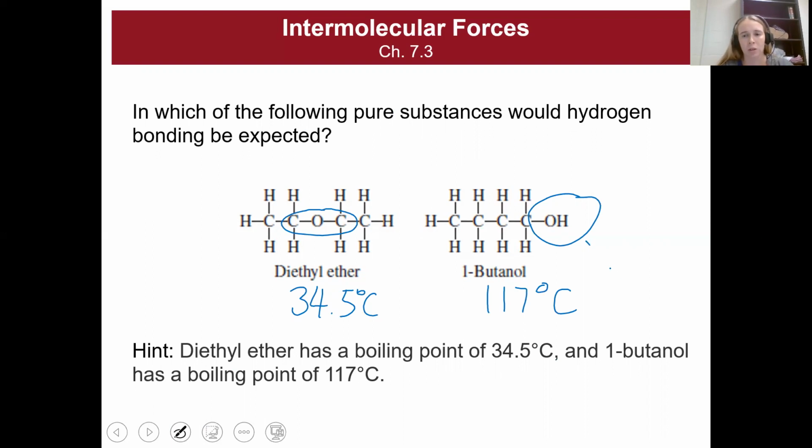So this one can hydrogen bond, this one can't. And that's reflected in the boiling point. The boiling point of 1-butanol is much higher because it can hydrogen bond, and hydrogen bonds are much stronger than other intermolecular forces, other dipole-dipole forces or whatever. Okay, cool.